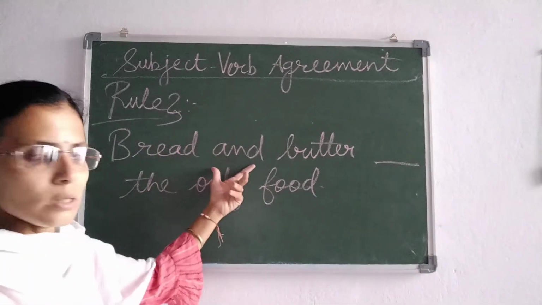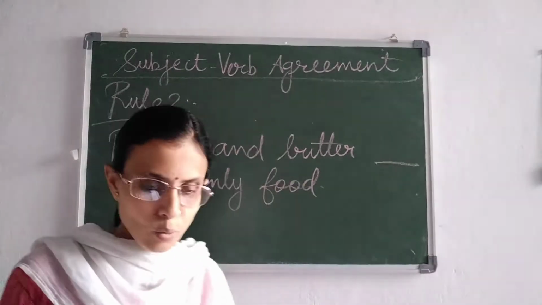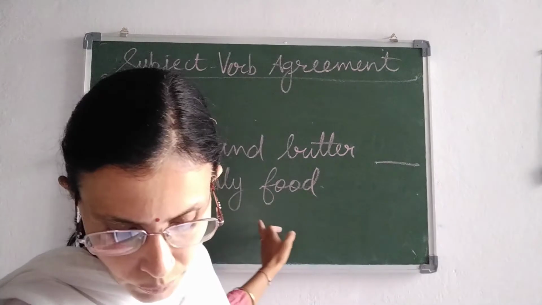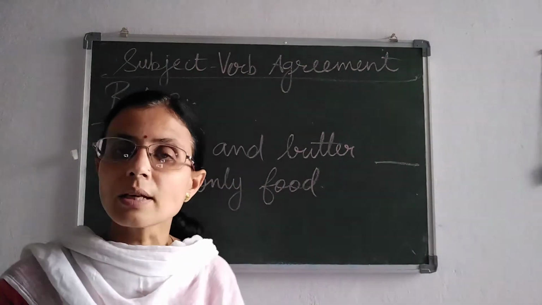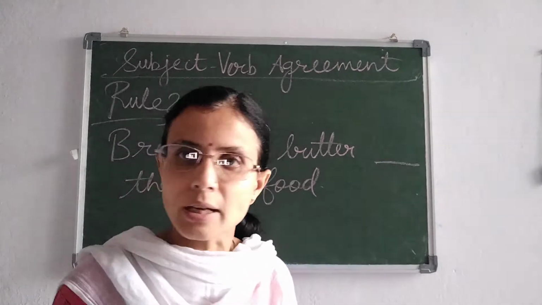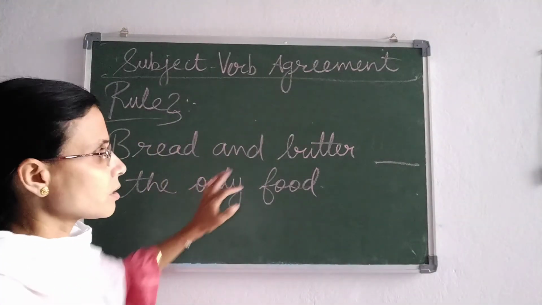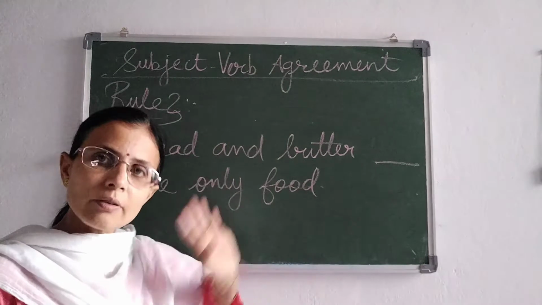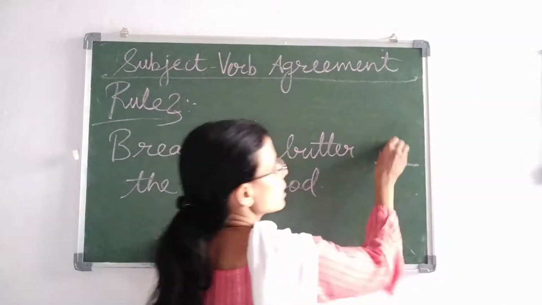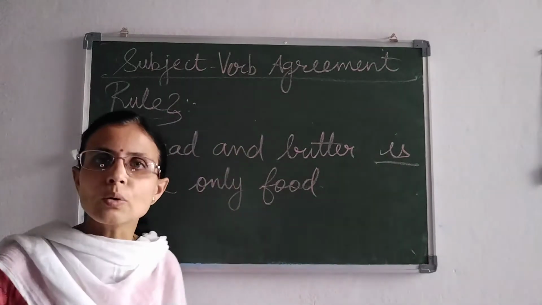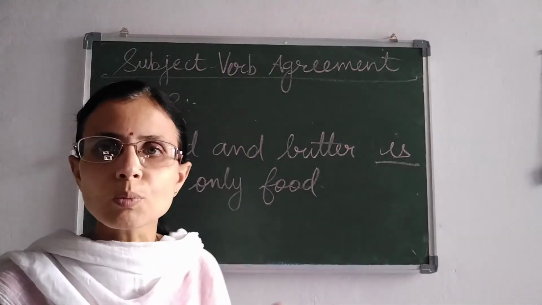These two words, the subjects are two, but they are related to one single theme, or you can say they are related to one single idea. So bread and butter, since the words are two but they are related to a single idea or single theme, that's why here we will use the singular verb. We will not use plural verb.